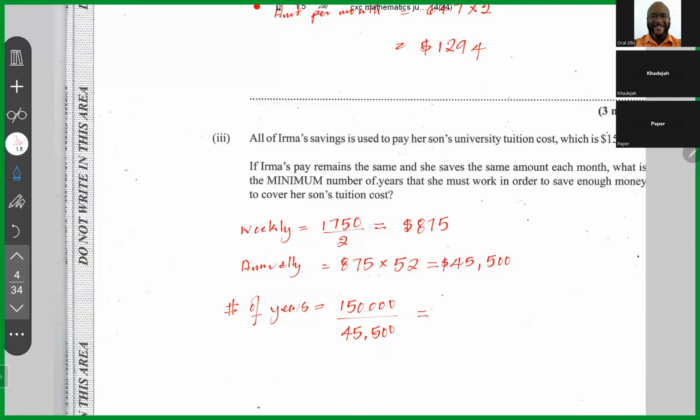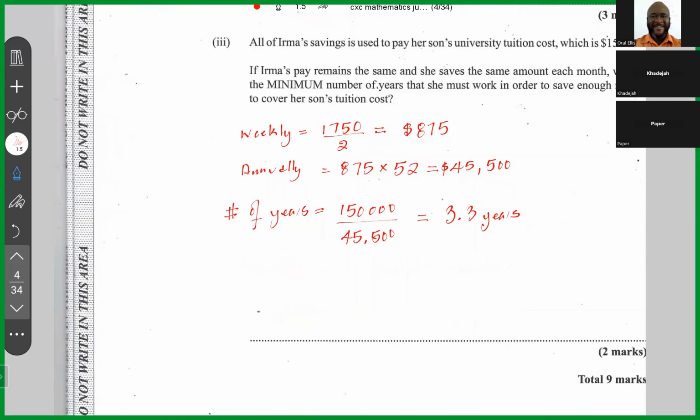So it's 150,000 divided by 45,500. According to this, she has to save for 3.3 years. She has to save for 3.3 years in order to cover her son's tuition of $150,000.